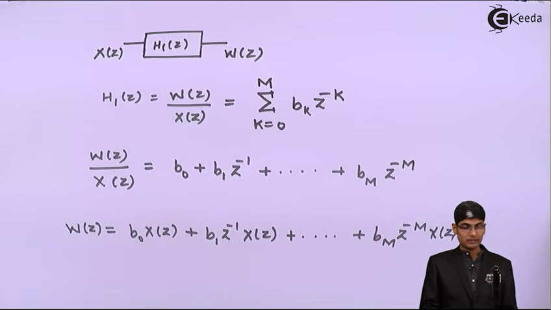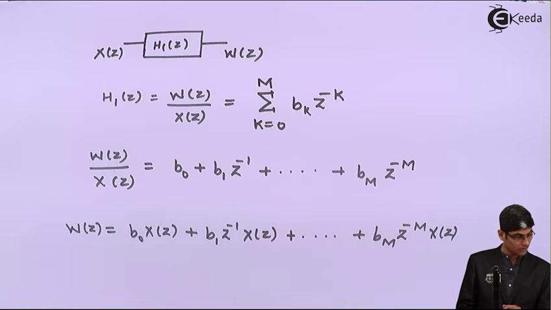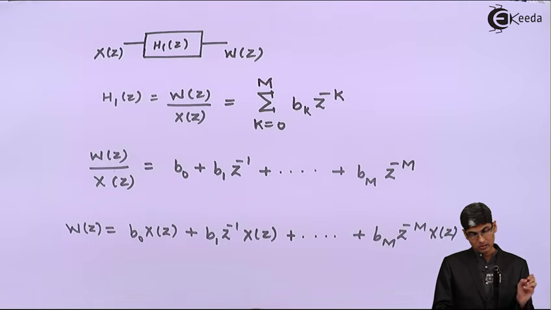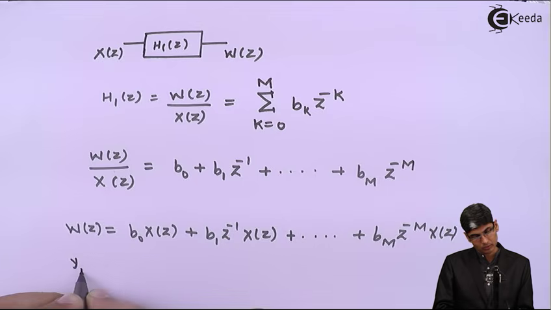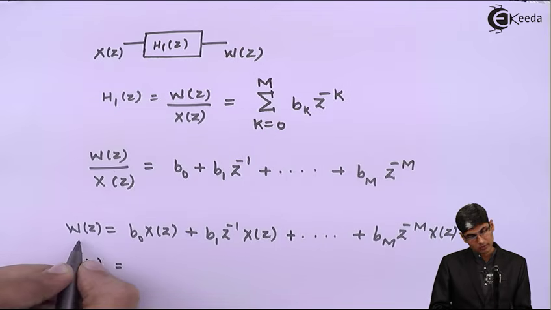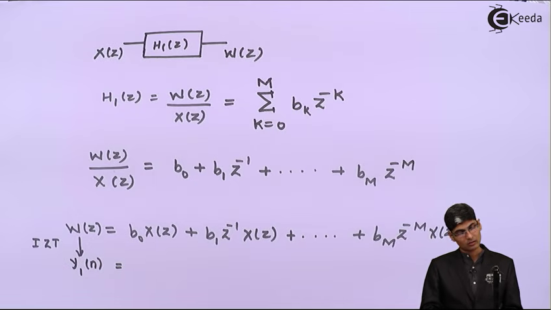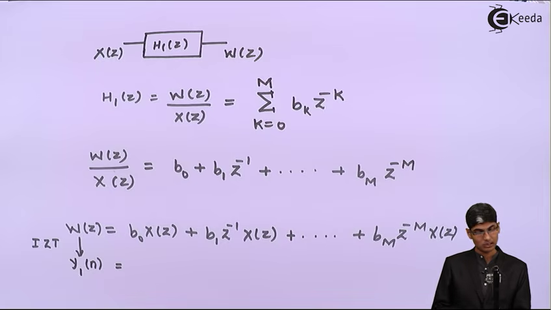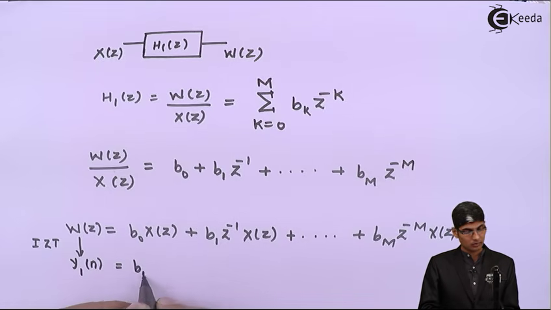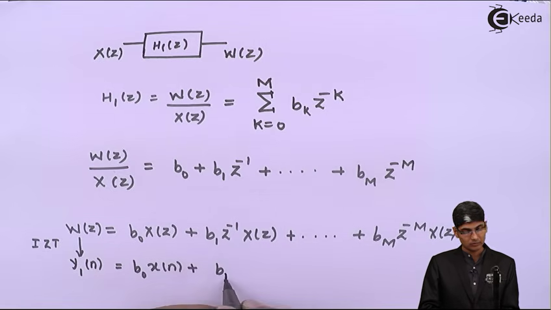Right. Now let us take inverse z transform, and let's say that this is my output y1 of n. So the inverse z transform of w of z is y1 of n, that is the output of system 1. b naught will be as it is, and x of z becomes x of n, plus b1 as it is.